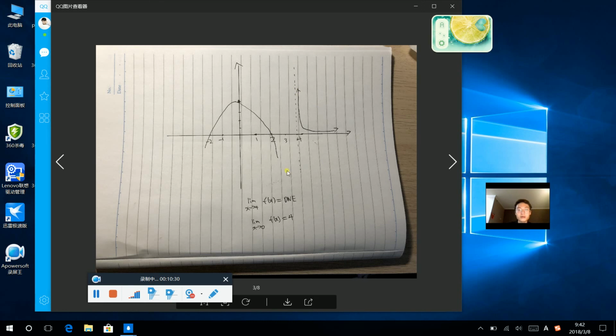But in this graph, we can see that if we use the preceding and the following methods, they will get two distinct answers, and two distinct points on this line. So it is inaccurate for us to calculate the slope. It also strongly proves that the slope when x approaches 4 does not exist.